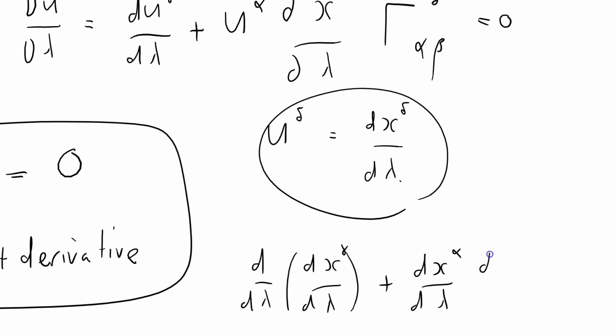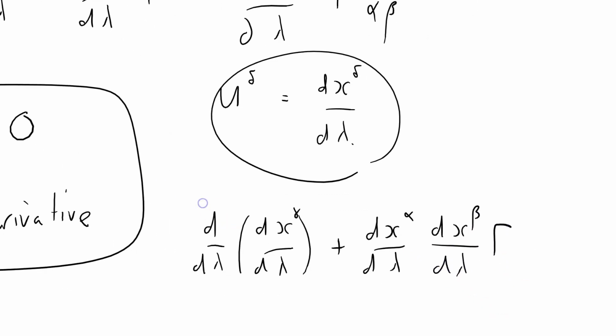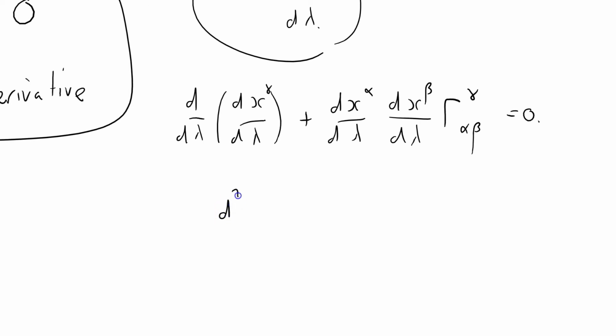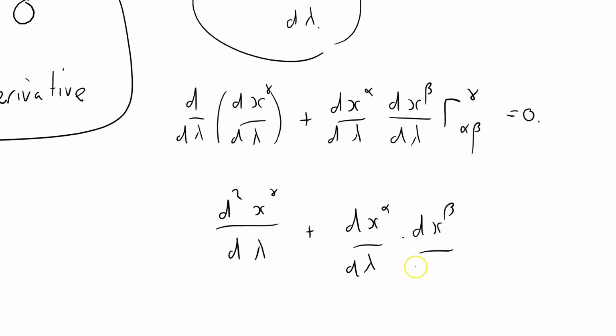This one doesn't change. dx beta by d lambda, Christoffel symbol gamma alpha beta equals 0. So that tells me that d2x gamma by d lambda squared plus dx alpha by d lambda dx beta by d lambda, Christoffel symbol gamma alpha beta equals 0. And that is my geodesic equation.